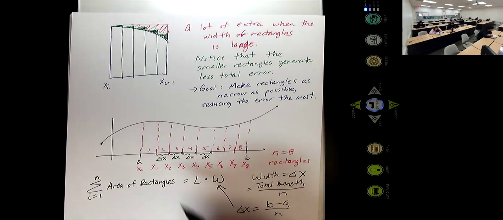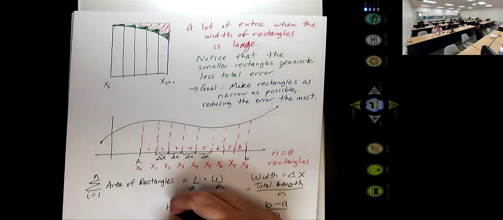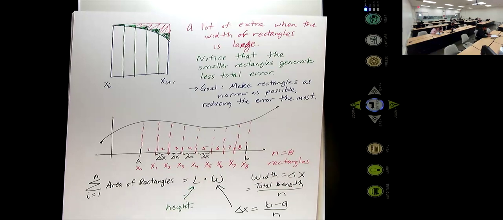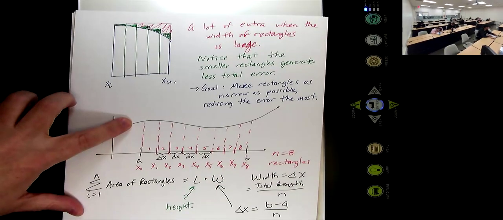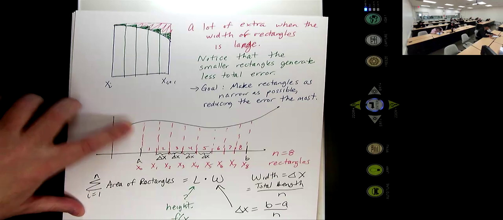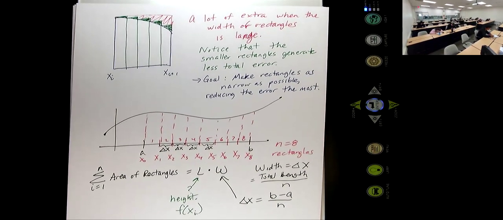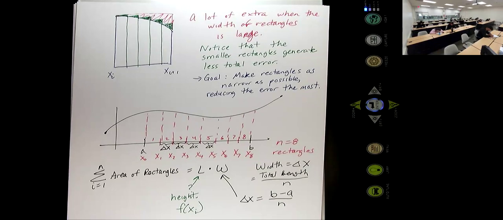What's the length of the rectangle? It's the height, right? And what is the height? It's f of x, right? But it's a different x, so maybe like xi. And I'm gonna say xi star.